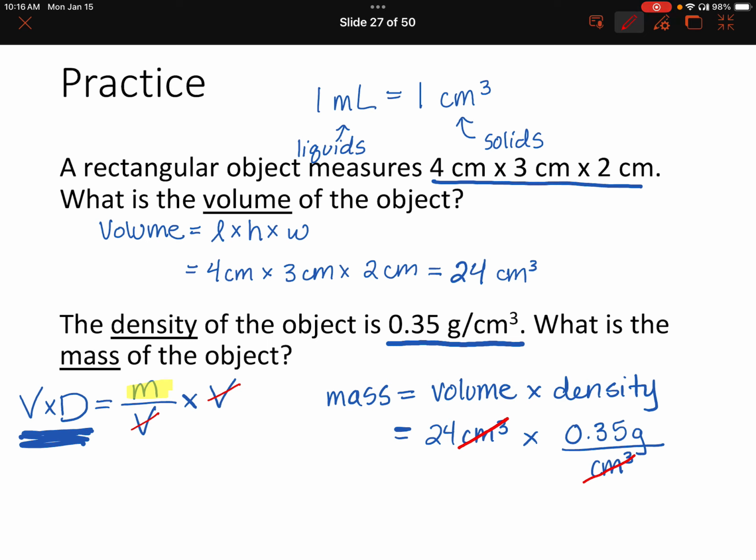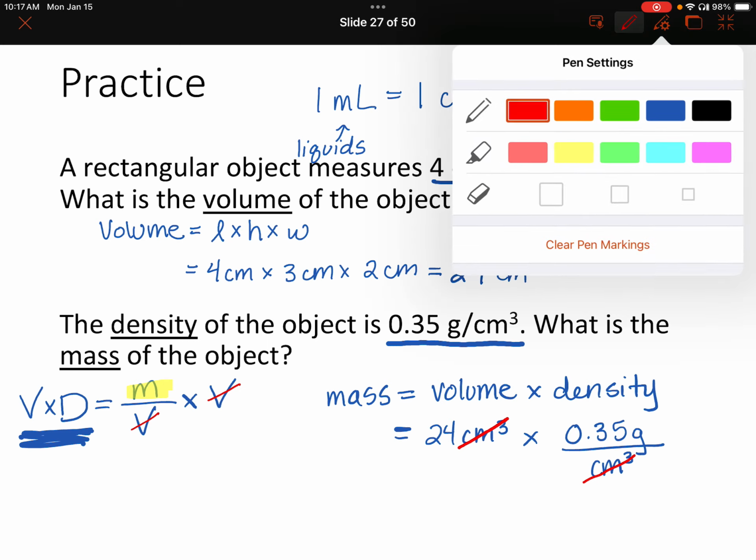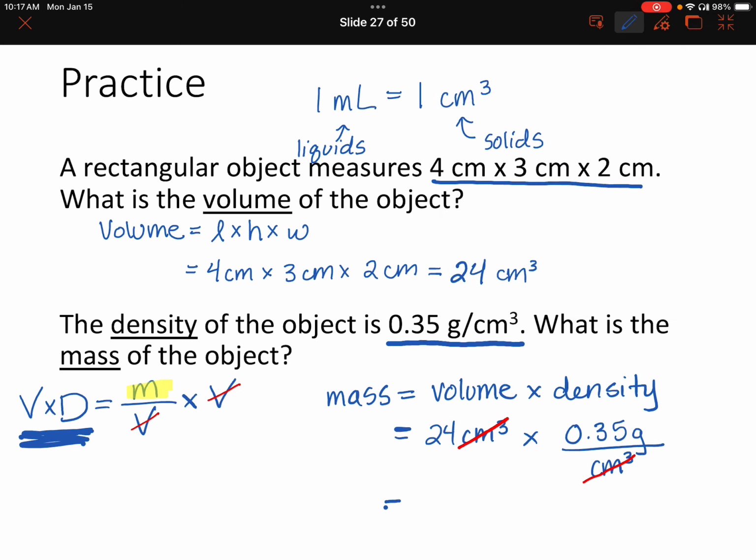And that will leave us with grams, which is an appropriate unit for mass. So all we need to do is multiply 24 by 0.35, and that will give us our mass of the object. So when I plug this into my calculator, I get a value of 8.4 grams.